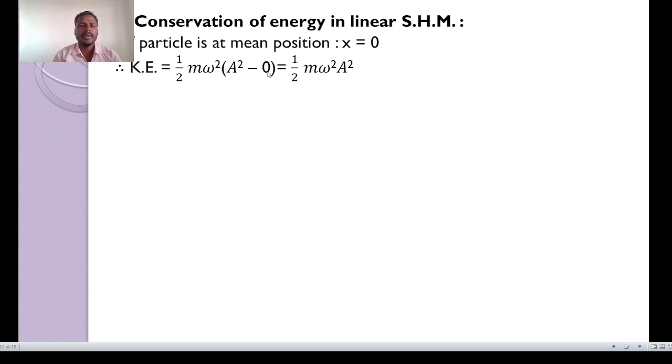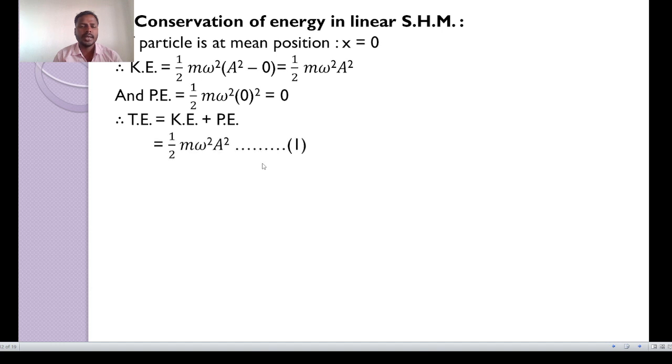Putting the value of x is 0, the potential energy is equal to 0. Therefore total energy is kinetic energy plus potential energy, so total energy is equal to 1 by 2 m omega square a square. This is equation number first.